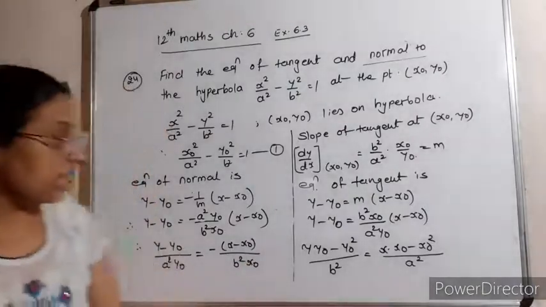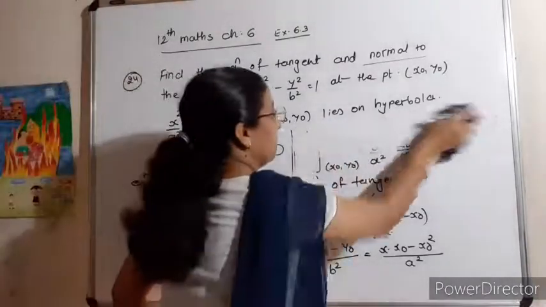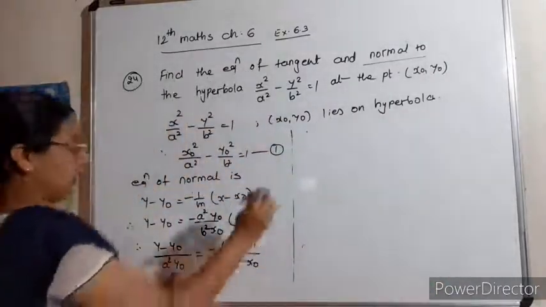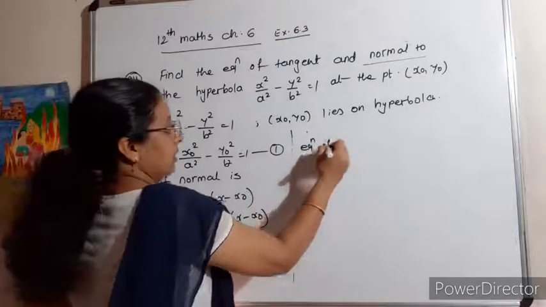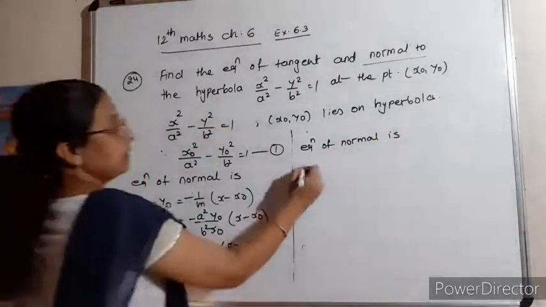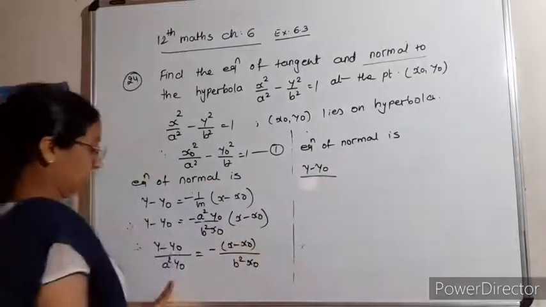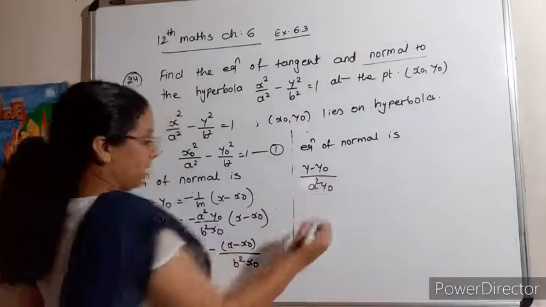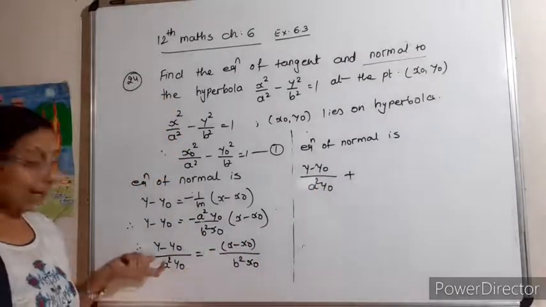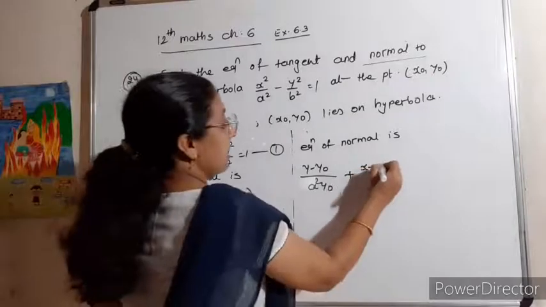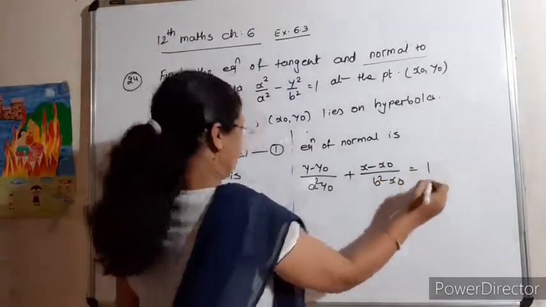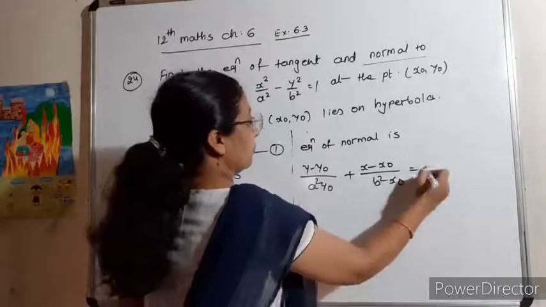So now the equation of the normal here. Equation of normal is, what is it? y minus y0 upon a square y0 plus, if it is minus, we would like to take it here, x minus x0 upon b square x0 is equal to 0.